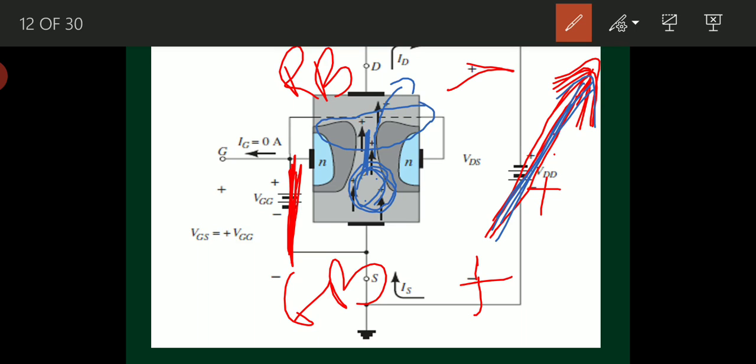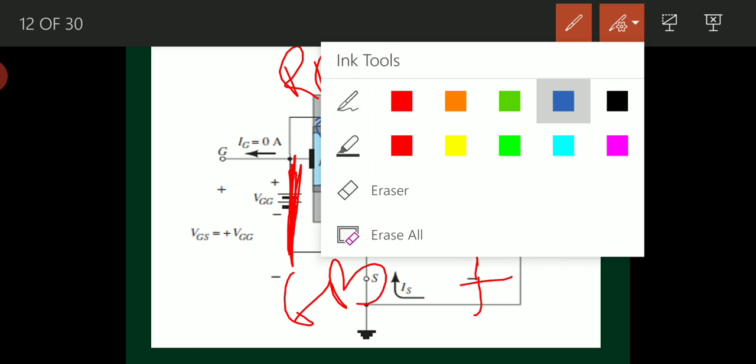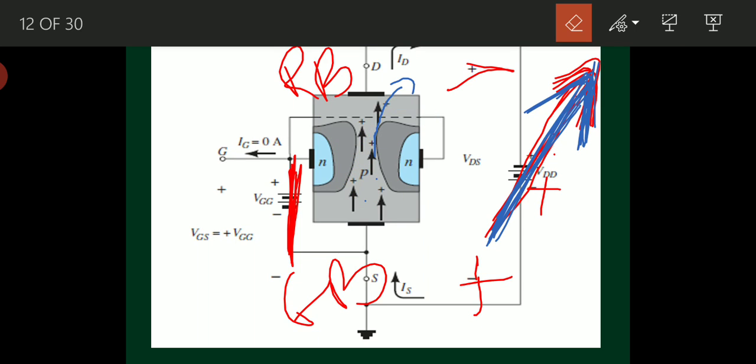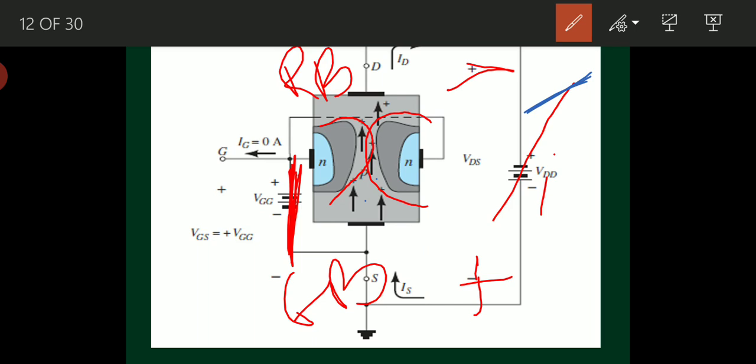Why? Because if I go on increasing this reverse bias, this VDD now, the depletion region here goes on increasing. By this, if I increase the depletion region much more here, literally they would touch each other. But still they can't touch.